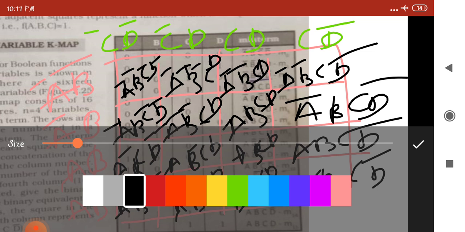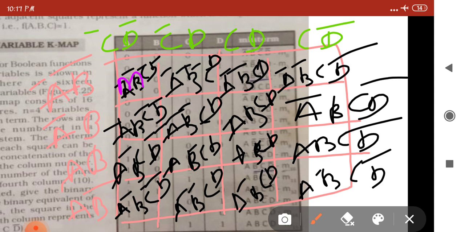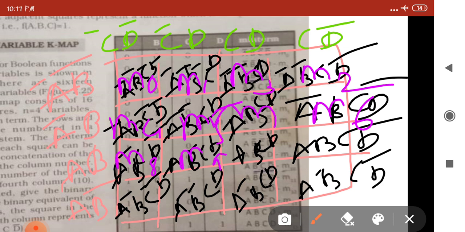In the designation it can be written as M0, M1, M2, M3, M4, M5, M6, M7, M8, M9, M10, M11, M12, M13, M14, M15. This is the way to give the designation of the numbers.